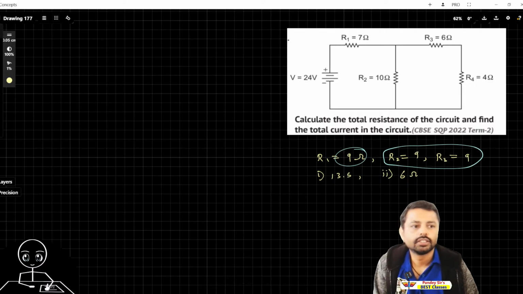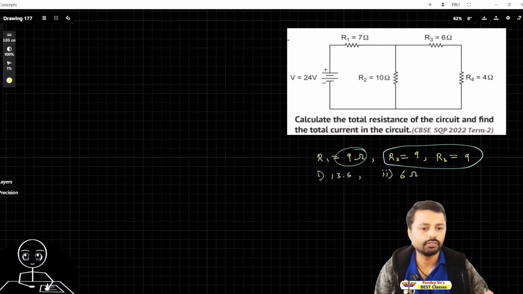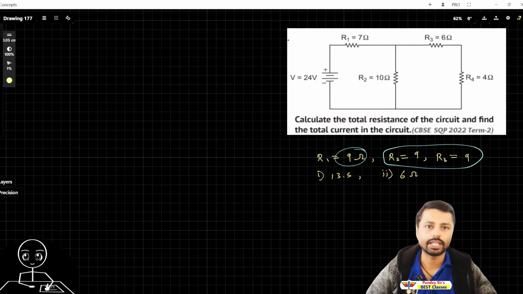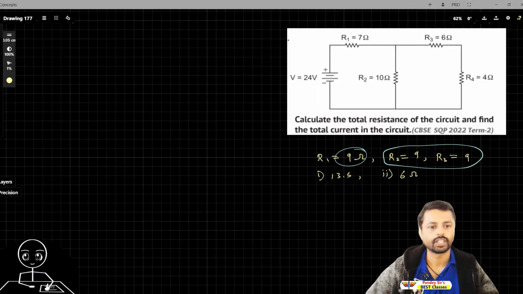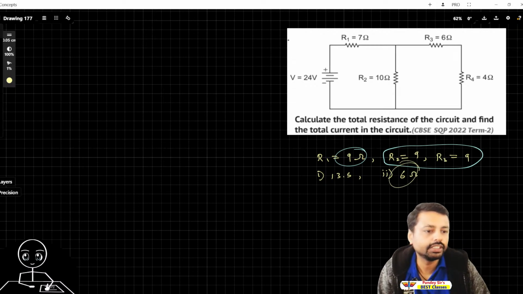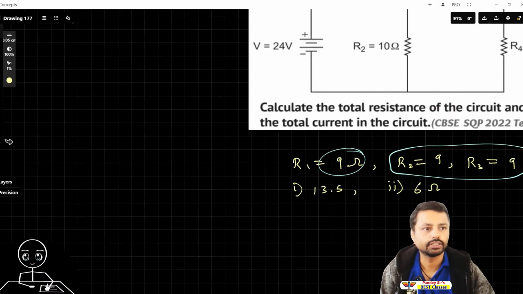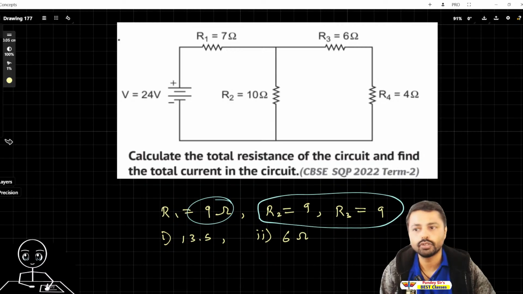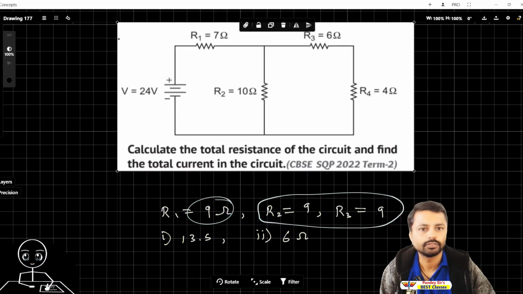Since that one was done by parallel, let's try this one also with parallel. Keep one thing in mind: we need to decrease the total resistance, and for decrease, we should take in parallel.